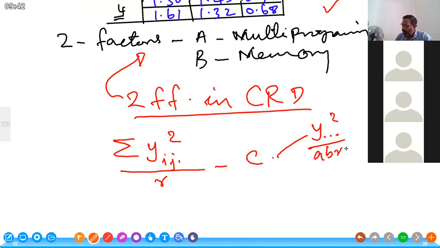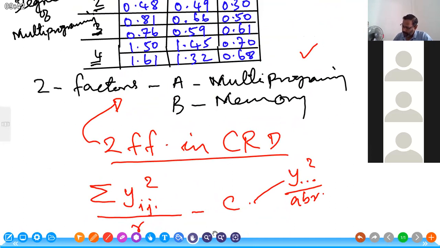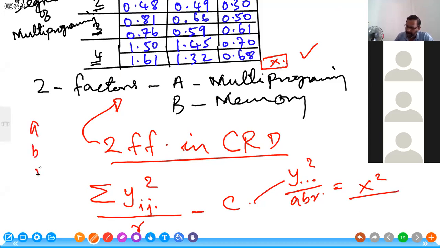If you add the total of these, let's say it is x, then this is x square divided by how many levels in A, how many levels in B, how many replicates. What is a, b, r in this example?